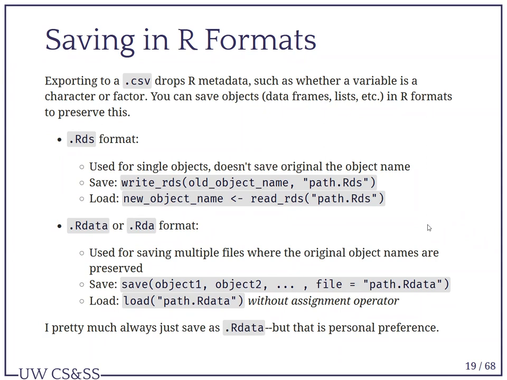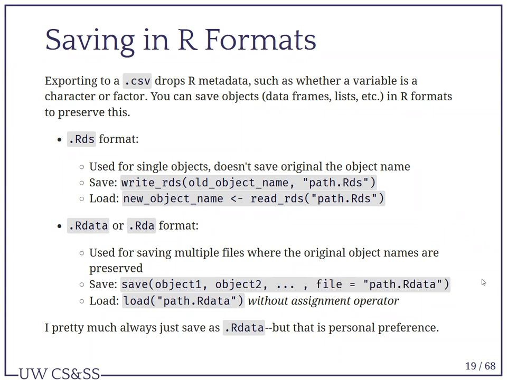The .rda and .rdata formats are used for saving multiple objects, or like your whole environment, for instance, where you want to preserve the object names for some reason. So you could say save and then a list of objects and then specify the file path.